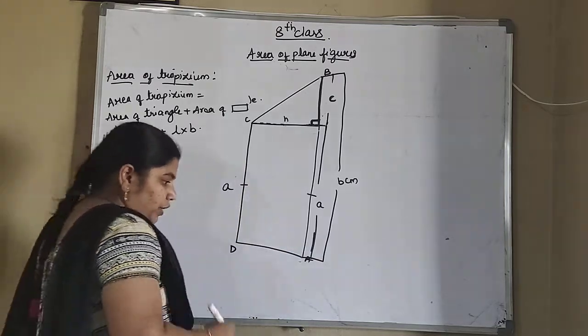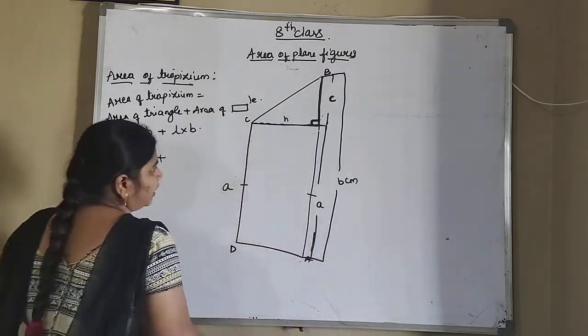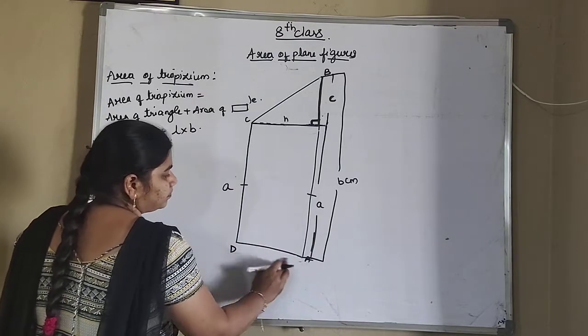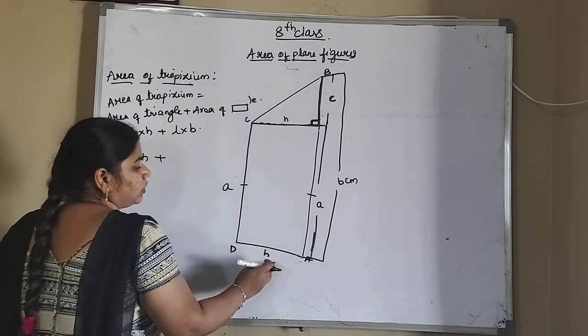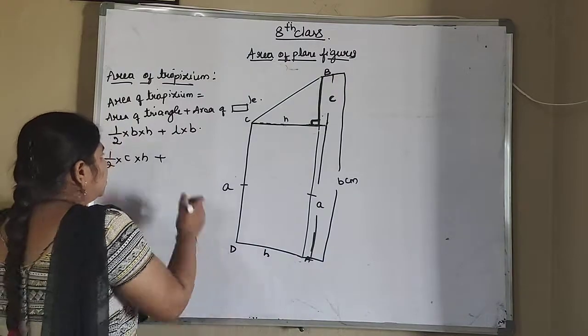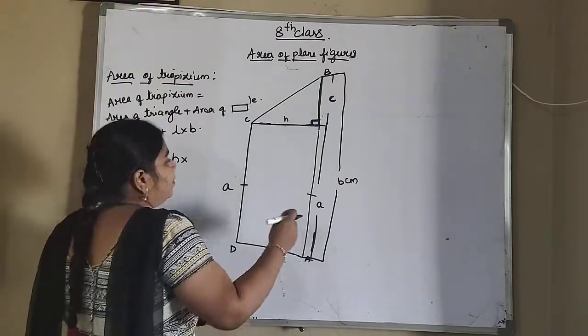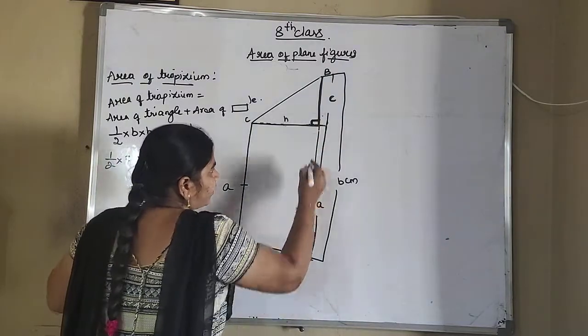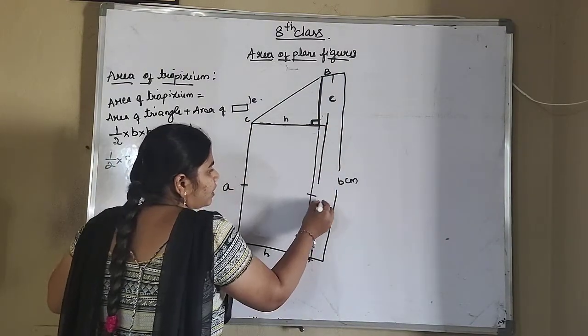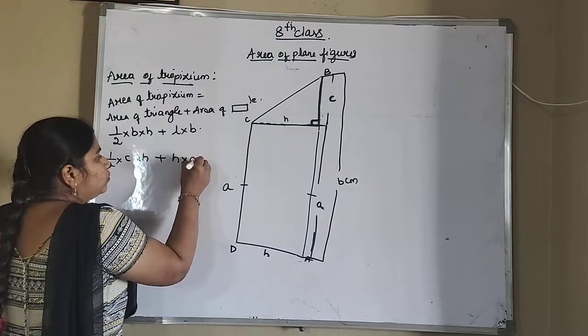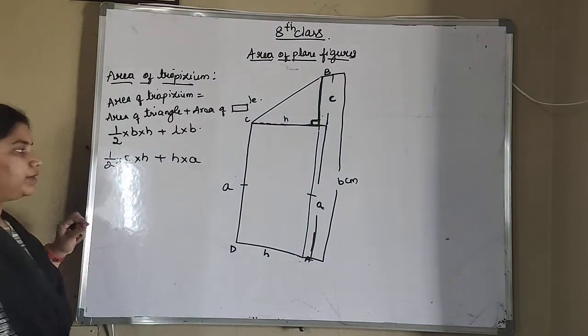Length is this part; if it is h, this will also be equal to h. So length is h into base, and the base is this part from here to here, that is A. H into A. I hope you have understood.